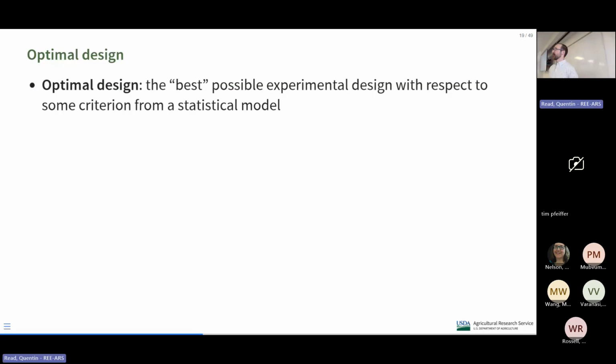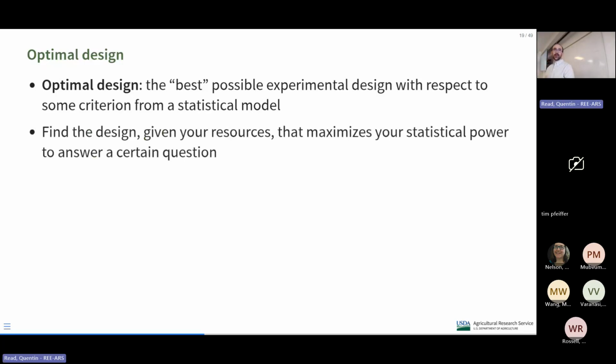And when we're talking about experimental design, a term you'll see in the literature is optimal design. It's called optimal because if you have some criterion from a statistical model, like a test statistic you're trying to estimate to test some hypothesis, given a particular sample size that you have, there's going to be a design that is optimal, that has maximum statistical power to pull out that signal.